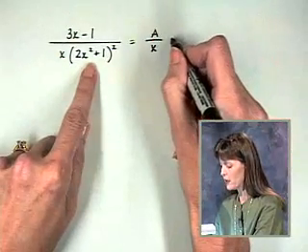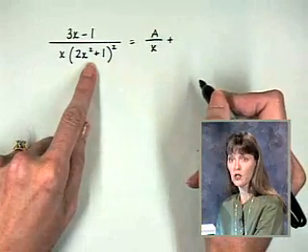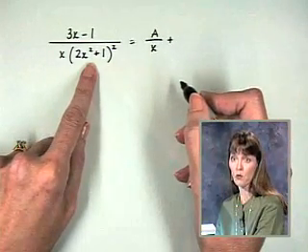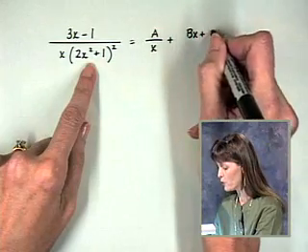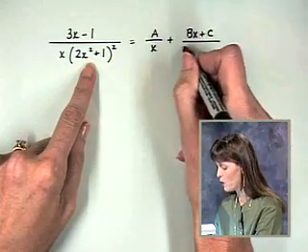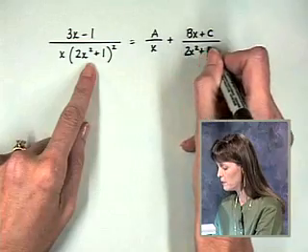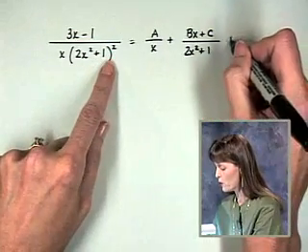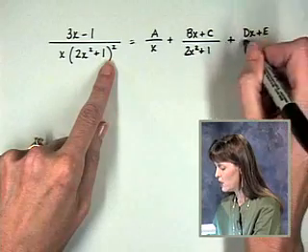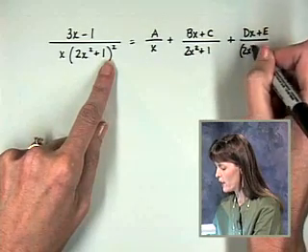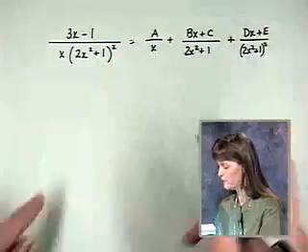For each irreducible quadratic factor, in this case 2x squared plus 1, we need to have a linear numerator. So we have bx plus c over 2x squared plus 1. And because this is squared, we're going to have another fraction, dx plus e over (2x squared plus 1) squared.